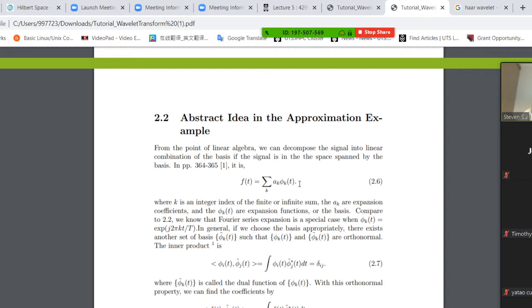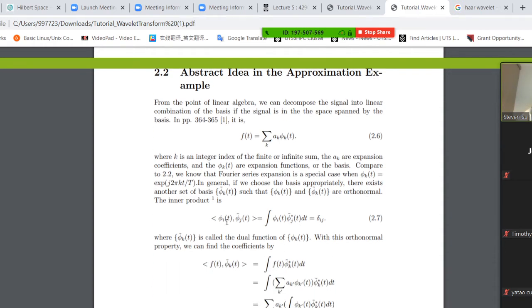You have a lot of axes, the wavelets. You can consider them as axes. This is the projection coefficient, just like a 3D coordinate. If this one is orthogonal, you can see this is the orthogonal property.